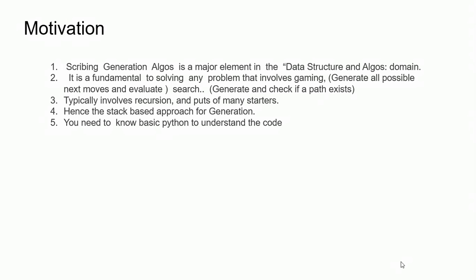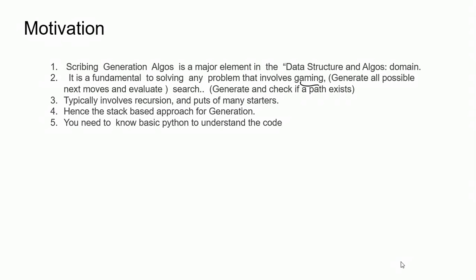So, what is the motivation? Describing generation algorithms is an important element in the data structures and algorithms domain. What this means is that there are problems like gaming. You write programs for gaming and search.